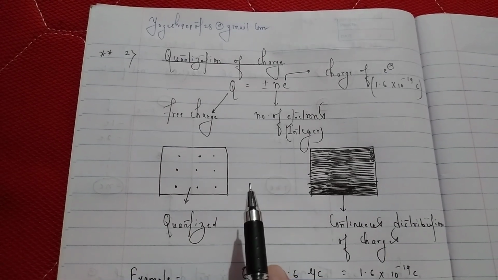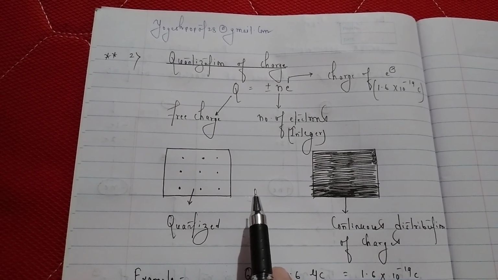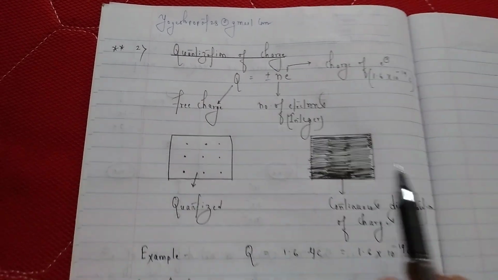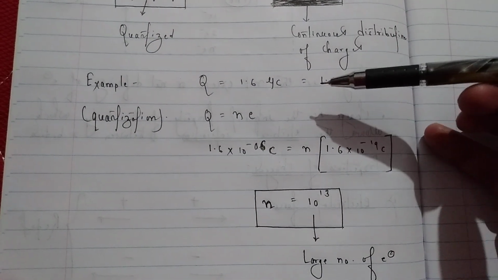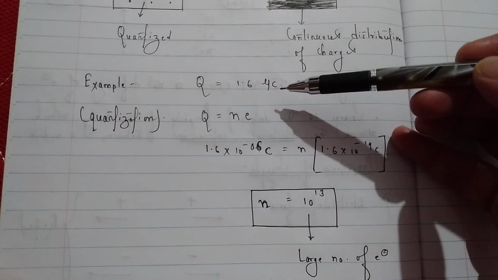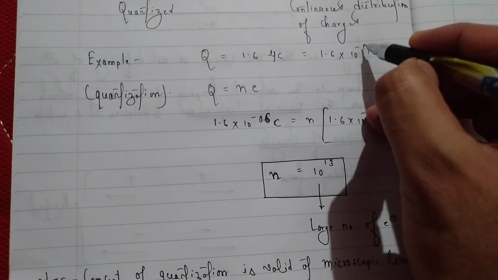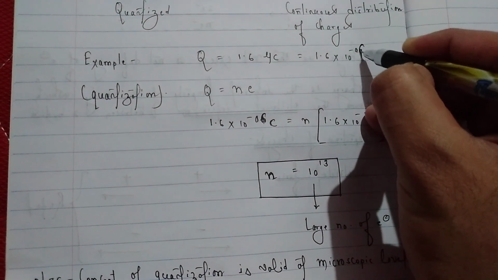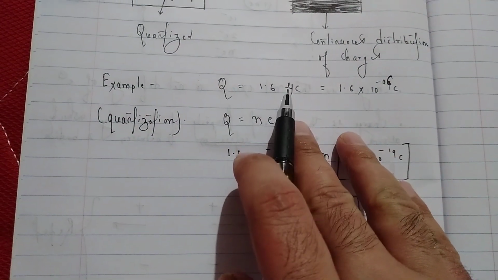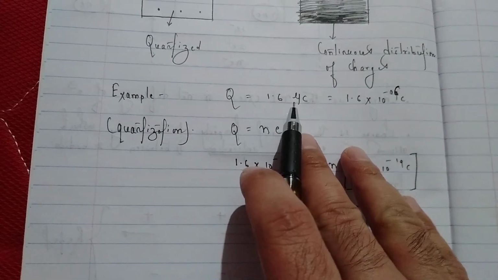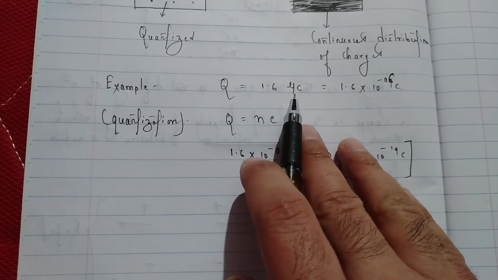So the concept of quantization is valid only at the microscopic level, where the number of electrons ranges from a few to a few hundred. For example, suppose you have to form a charge of 1.6 microcoulomb. This will be 1.6 × 10 to the power minus 6, not minus 19. Let us find the number of electrons which should be combined to form this very small charge.